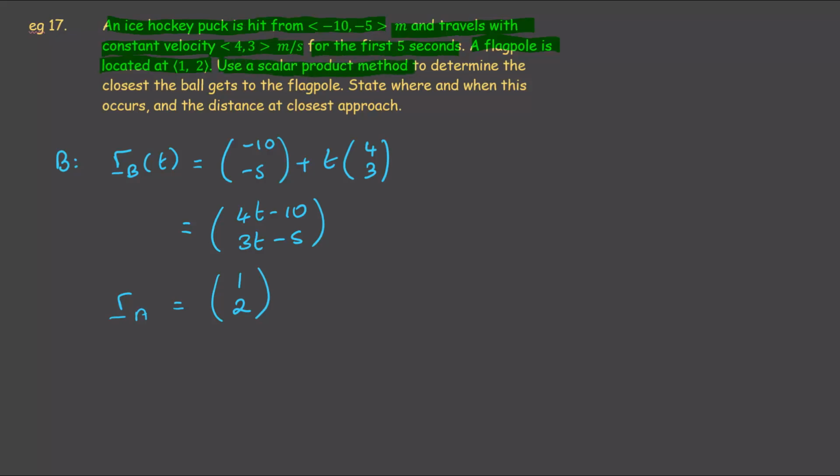Use the scalar product method to determine the closest the ball gets to the flagpole. State where and when this occurs and the distance at closest approach. So we want A relative to B, which we get by doing RA take away RB.